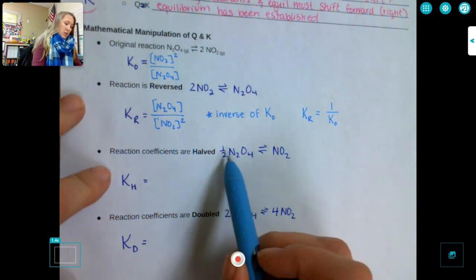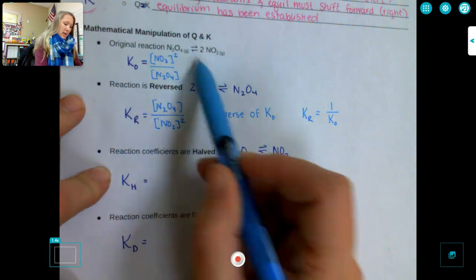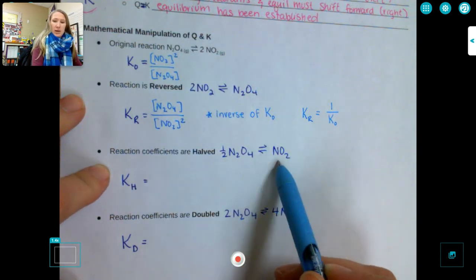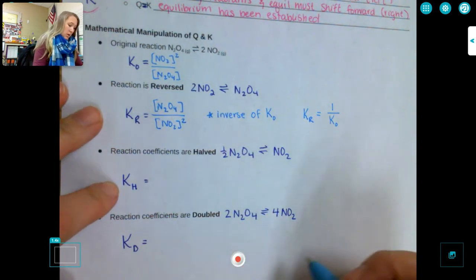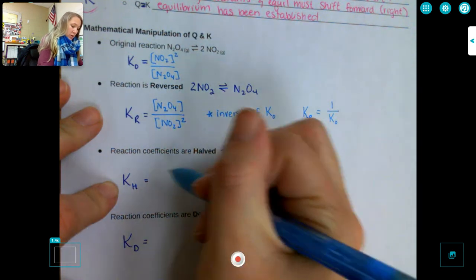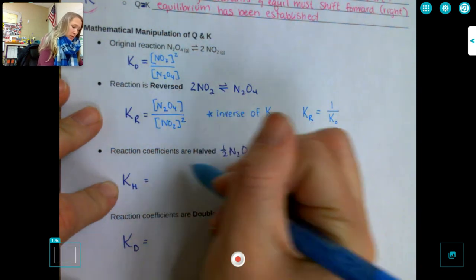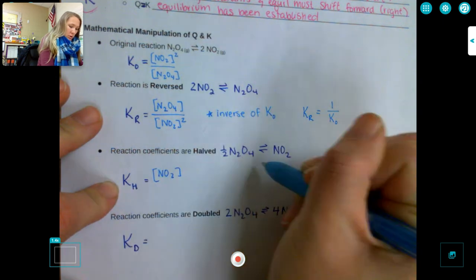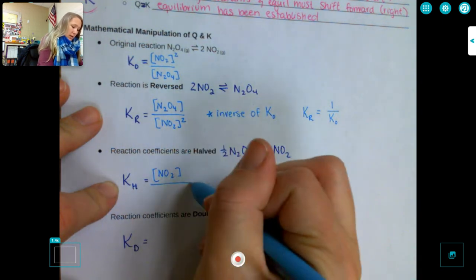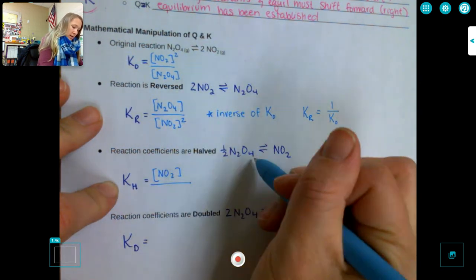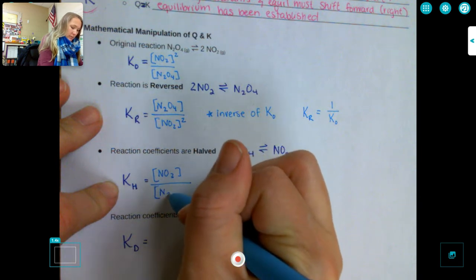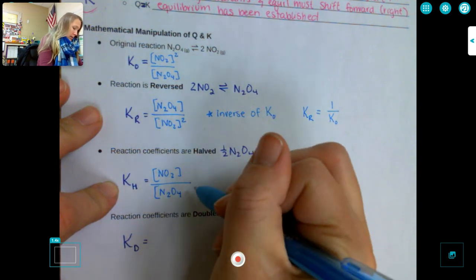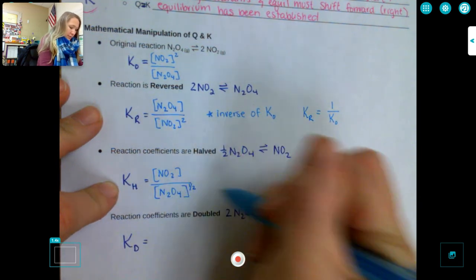What if I took my original reaction and I halved my coefficients? Okay. Well, again, let's write out our expression. So now my product, NO2, no longer has a coefficient in front. And then my reactant, N2O4, is raised to the 1/2.